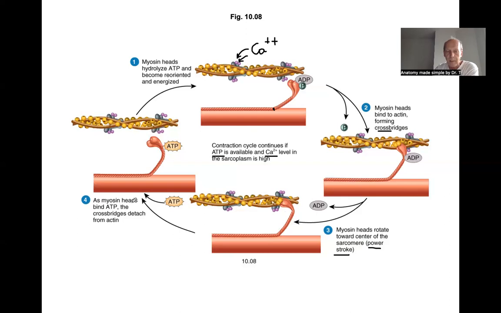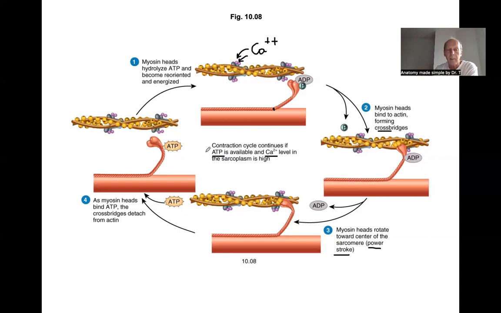So finally, diagram number 4 is what I just tried to explain. In order to pull yourself through the swimming pool, you have to let go of the rope, reattach to a different spot, pull, reattach again, and do it several times. So as the power stroke happens, basically just a minimal movement between thick and thin filaments happened.